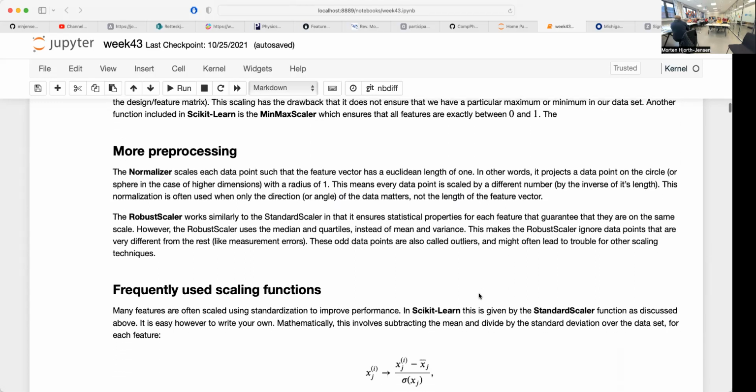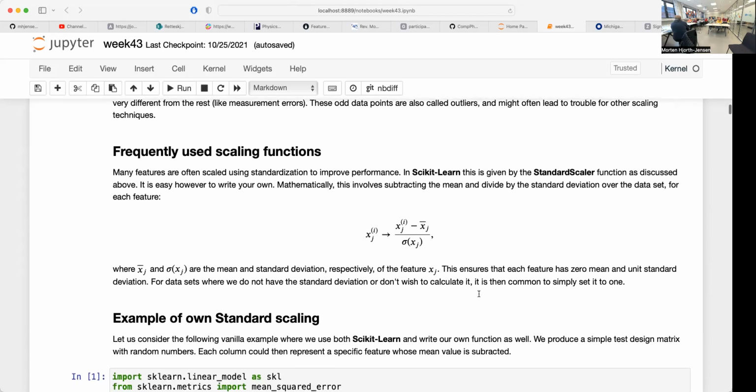I never used it actually. One of the things which is frequently used is the one I mentioned: you have a column vector, and you simply subtract the mean value, and you divide by the standard deviation if you have it. If you don't have it, you would put the standard deviation to 1. But you can actually have experimental data where you have the standard deviation.